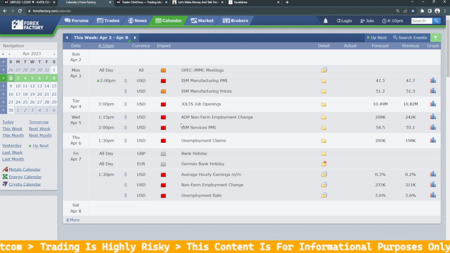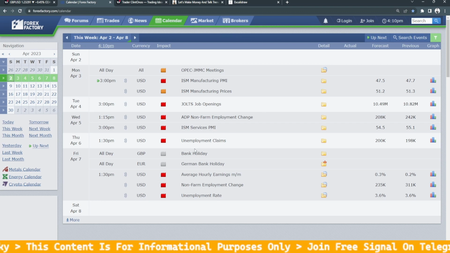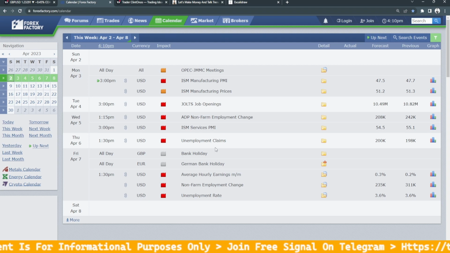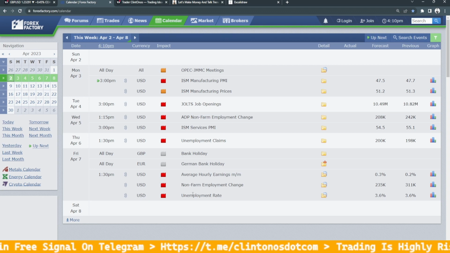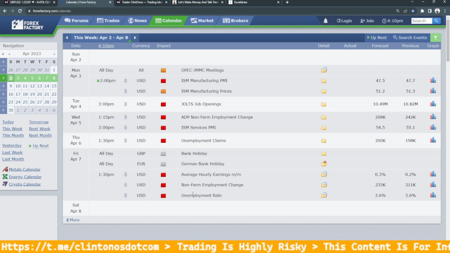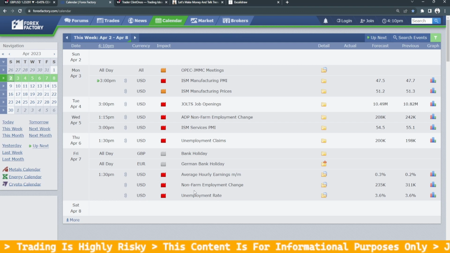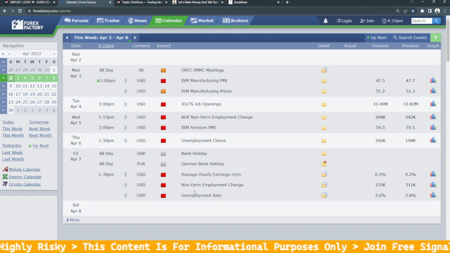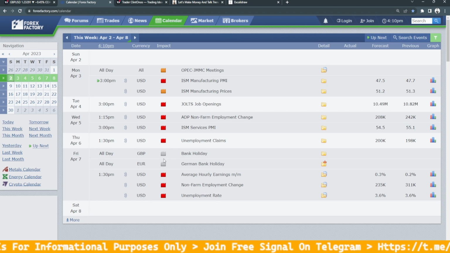Then of course ADP non-farm payroll change on Wednesday. Then on Thursday we'll be expecting unemployment claims, right? Then I think FOMC is on Friday, so Easter Friday and FOMC. Well, this week might likely be very volatile, right? And of course towards the end of the week we might likely see a slow end in trading.